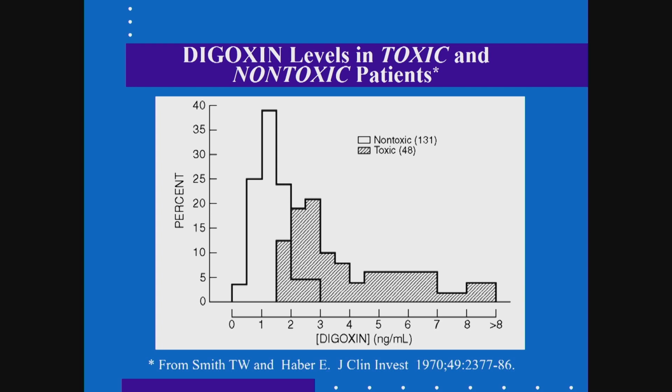And what they saw, looking at a group of patients that were classified as being toxic or non-toxic based on clinical characteristics and electrocardiographic characteristics without knowledge of the resulting digoxin levels. And this is a histogram of the distribution of concentrations of digoxin in the patients that were non-toxic, and then higher concentrations of digoxin being measured in patients that were clinically toxic.